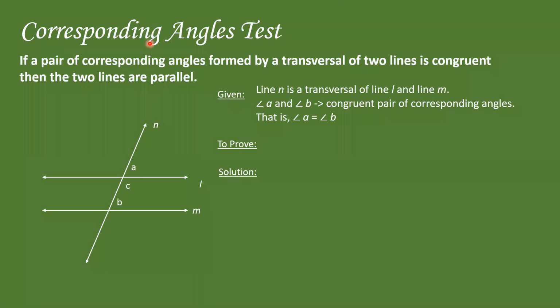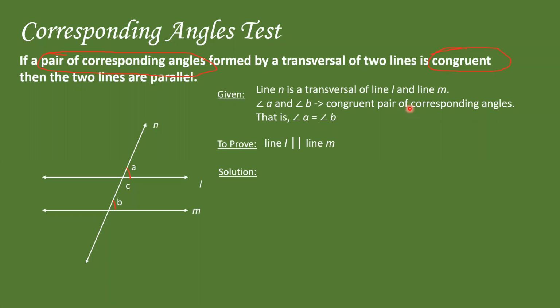This is given in the statement. So angle A is equal to angle B. This is our given. It is very similar to our last given in the alternate angles test. What we have to prove, everybody knows what we have to prove.